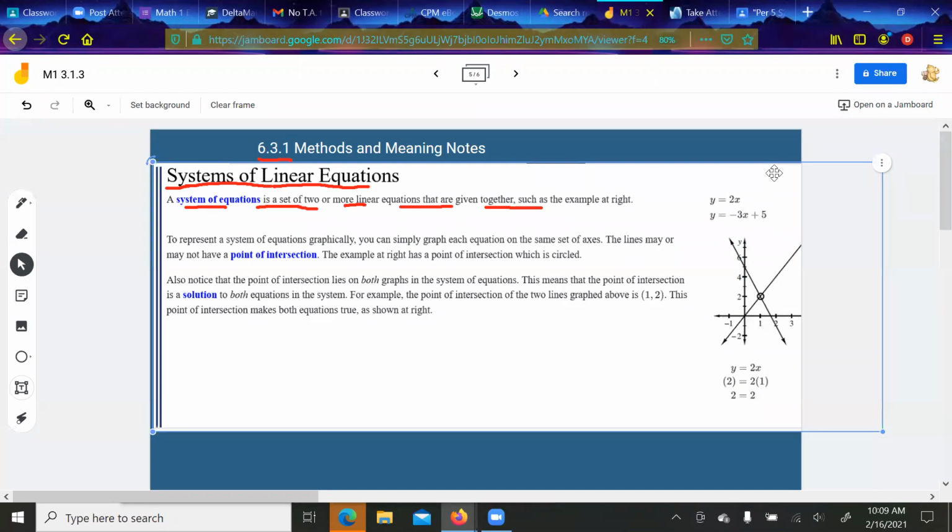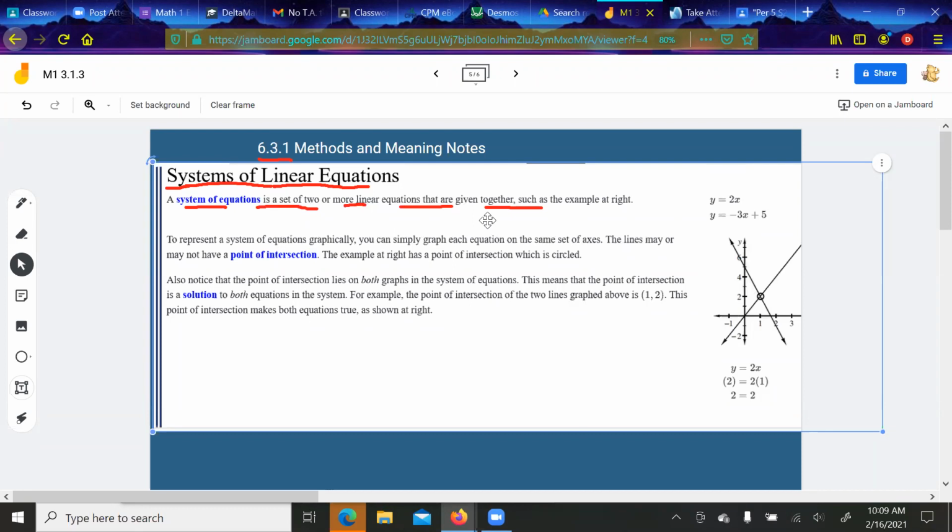But if you just pop into Zoom for 2, 5, 7 or even 10 minutes and don't do any classwork, you're marked absent, because our Zooms usually go about 45 minutes to an hour. So if you're not here for most of that period, you are getting marked absent. All right, so that's what a system of equations is.